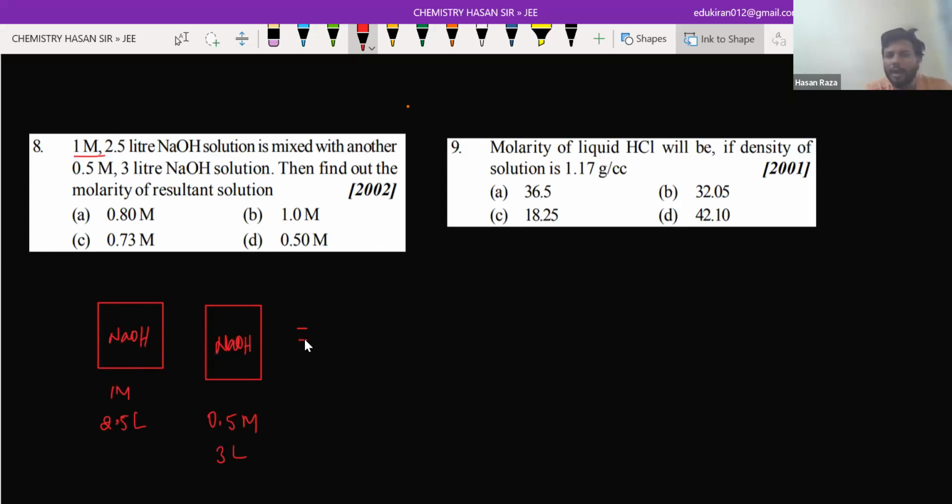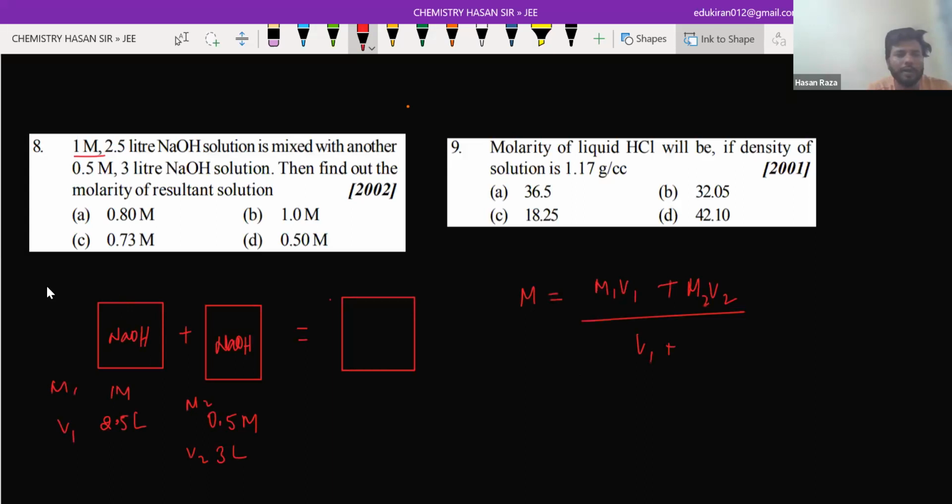Then find out the molarity of the resultant solution. So basically you are calculating the molarity of a mixture. The molarity of a mixture has the formula: M1V1 plus M2V2, and if you have another container, you also write M3V3, upon V1 plus V2.